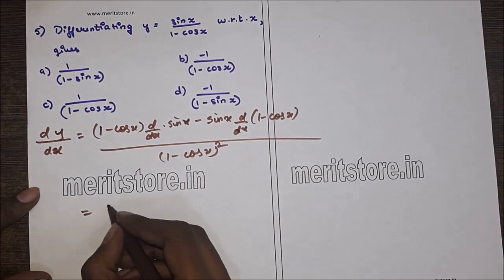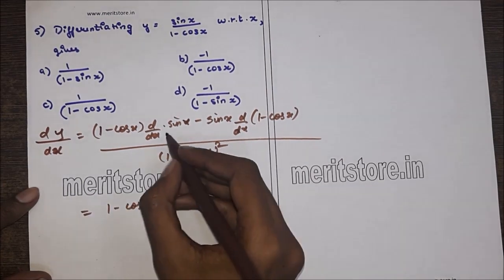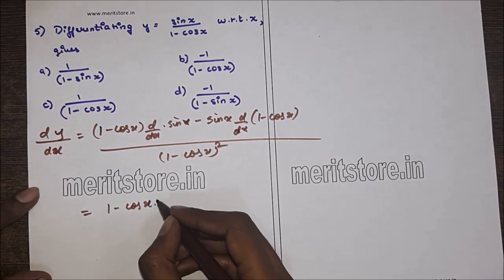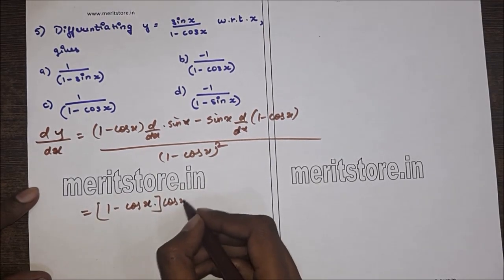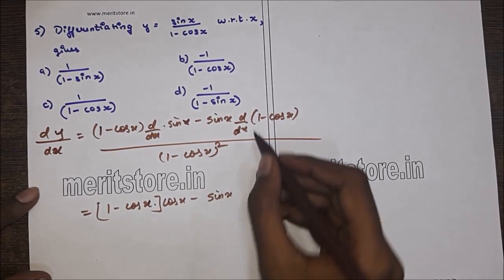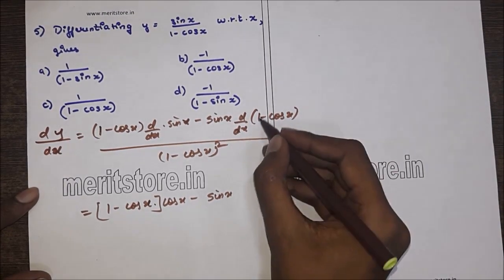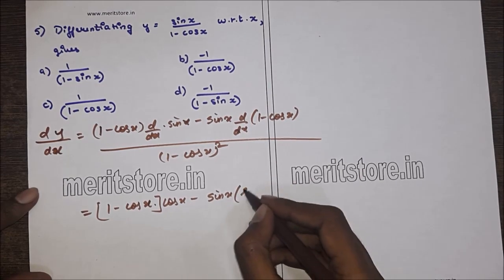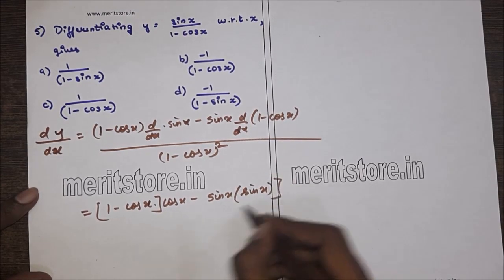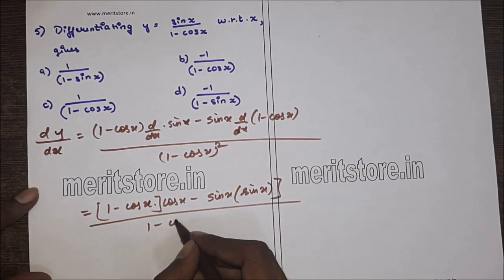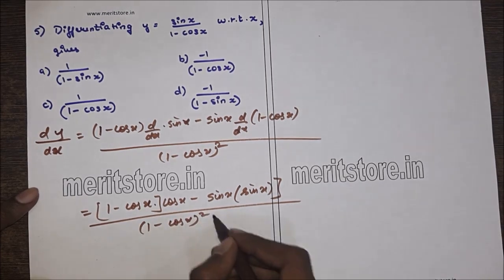We simplify it, we get 1 minus cos x, differentiation of sin x is cos x, minus sin x into differentiation of 1 minus cos x, which is sin x, since derivative of 1 is 0, divided by 1 minus cos x the whole square.